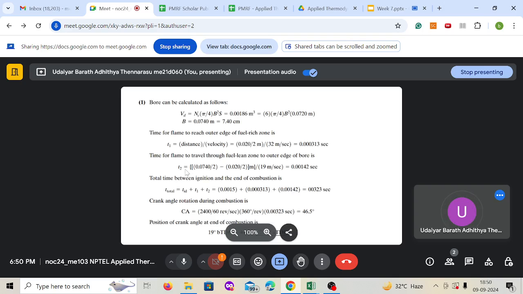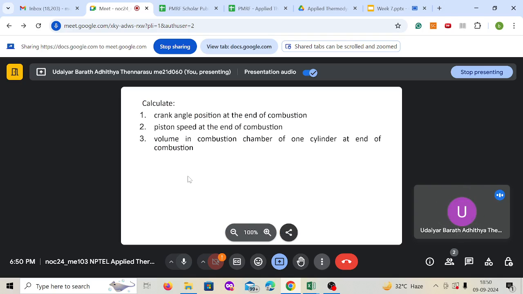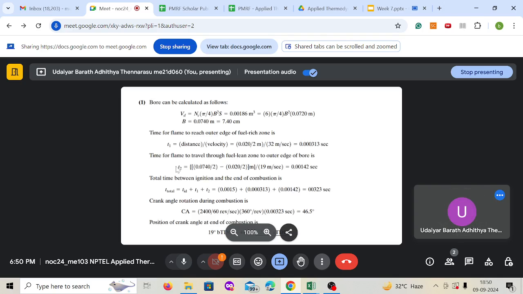Option 1. We'll see how to solve the first one: the crank angle position at the end of combustion. The displacement volume is the number of cylinders times pi by 4 times b squared times s. This is 0.0186 meter cube, the total displacement volume.